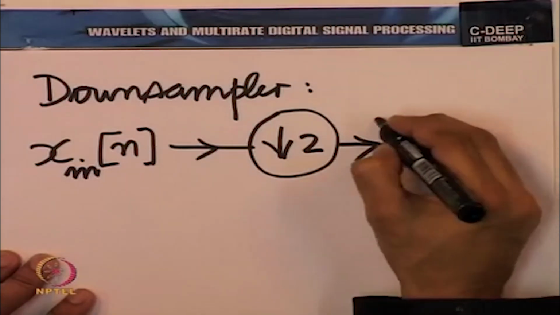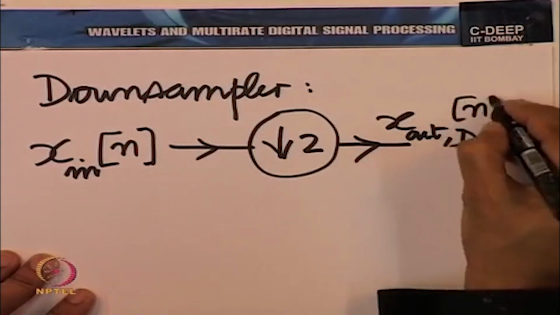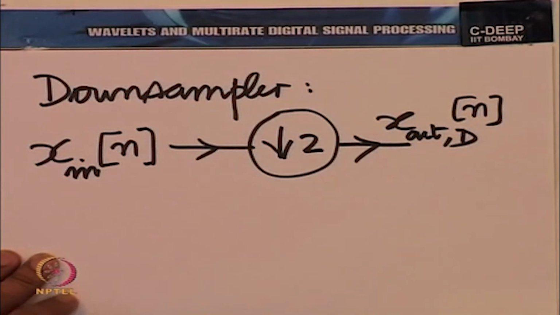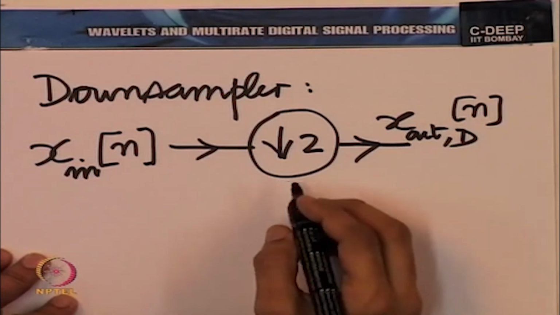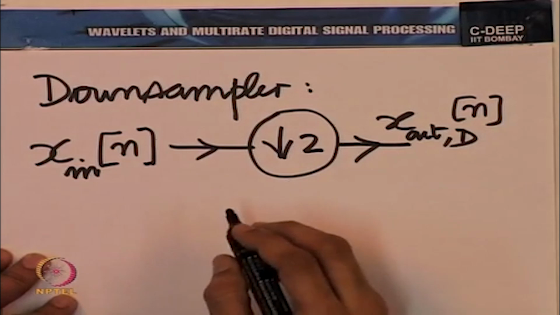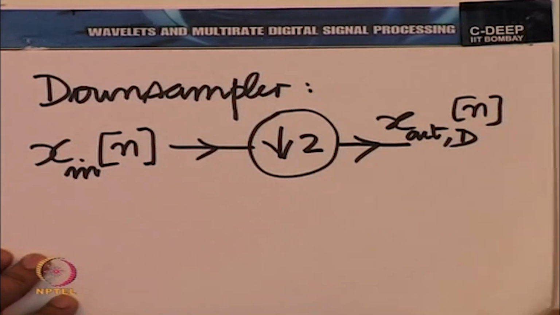So, here we have x out d n, if you please. And in fact, we had noted that this operation of downsampling by 2 was equivalent to 2 operations. And let me spell out those operations once again, following which I shall write down the Z transform here.